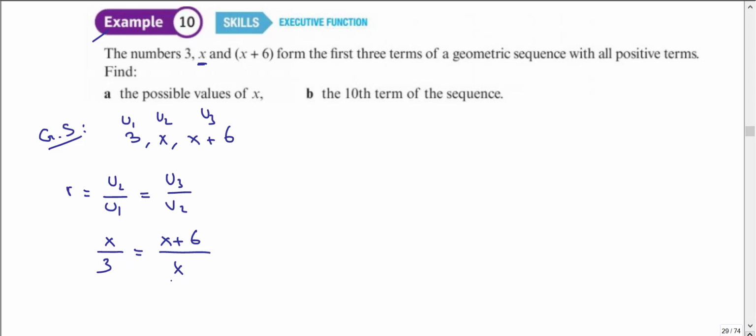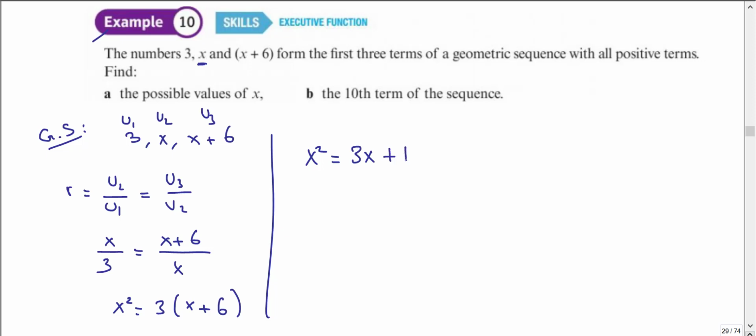How? We cross multiply. So you get x squared equals 3 times x plus 6. So x squared equals, distributing the 3, 3x plus 18. Now move 3x and move 18, and you would get a quadratic equation.